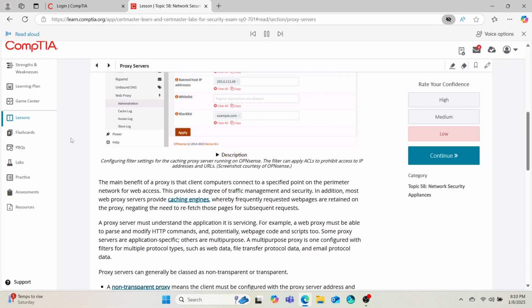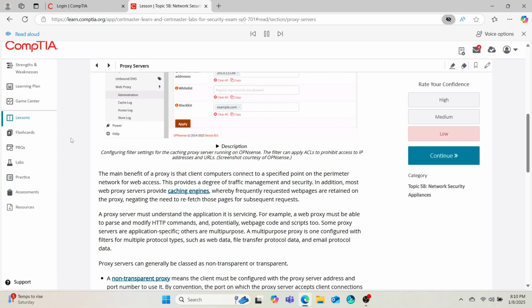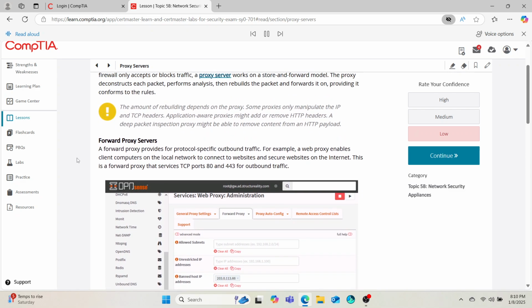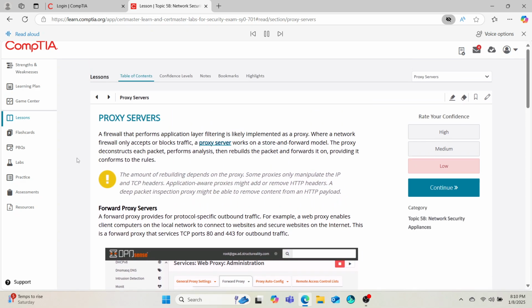Description. The sub-option, Administration, is selected under the tab Web Proxy from the left menu. The right pane shows 4 tabs from which Forward Proxy is selected. Boxes to type the subnet addresses for the allowed subnets, unrestricted IP addresses, banned host IP address, whitelist, and blacklist are given below.